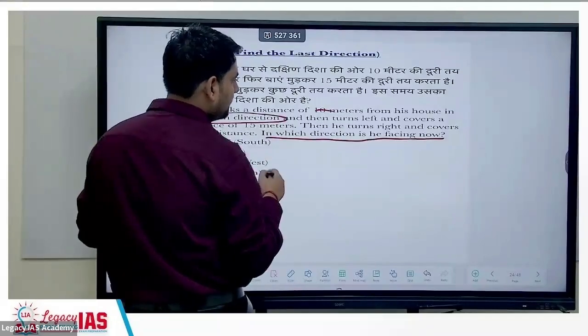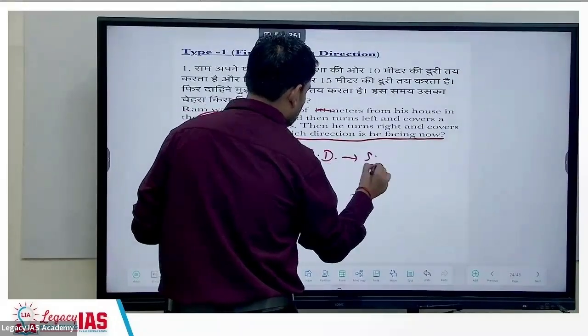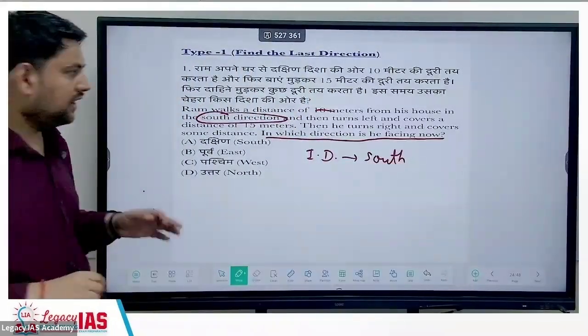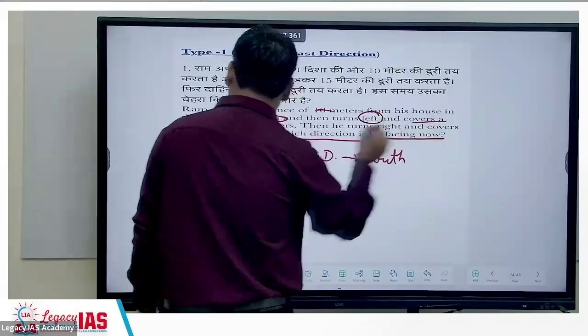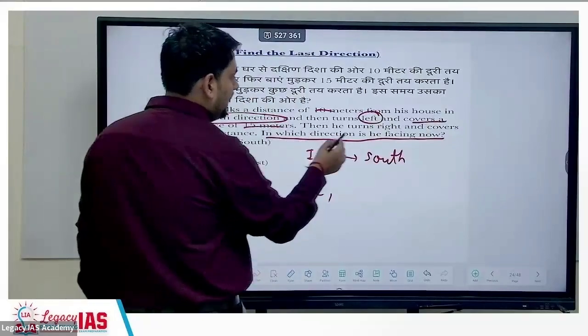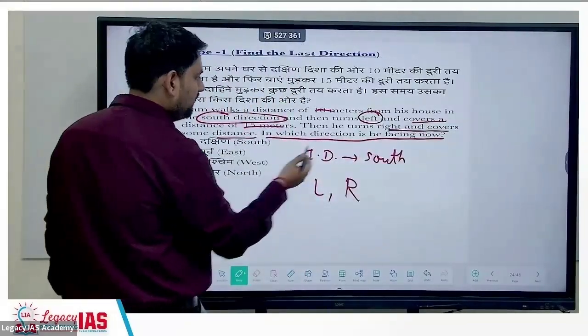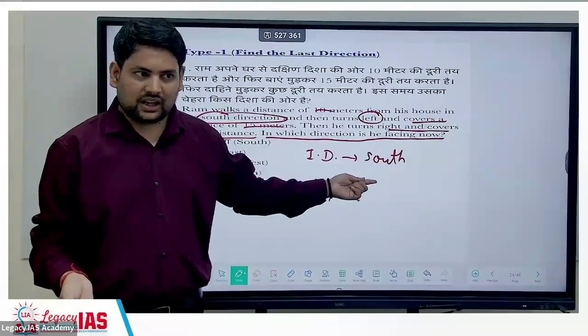Okay. Then, so his initial direction is south. Correct? In the south direction. Then he turns left, so one left, and covers a distance, not important. Then he turns right and covers some distance. In which direction is he facing now? So south he started traveling in.